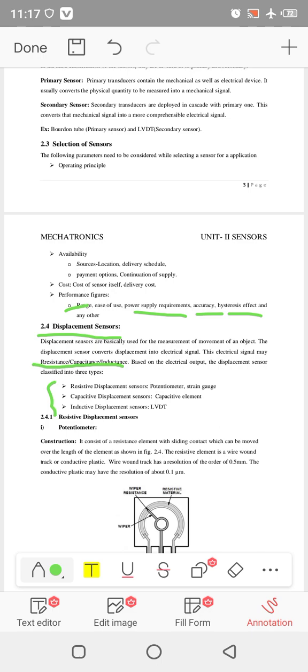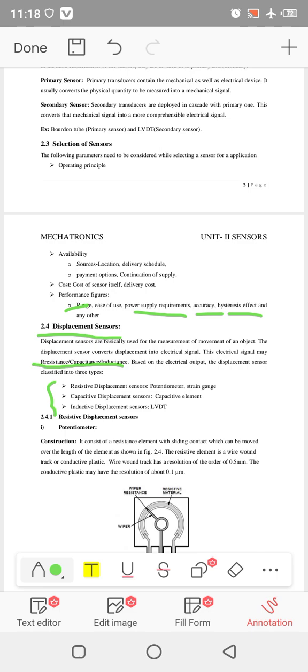Resistance displacement sensor examples are potentiometer and strain gauge. Capacitive displacement sensors measure using capacitive elements.